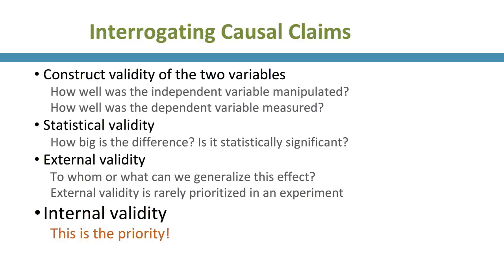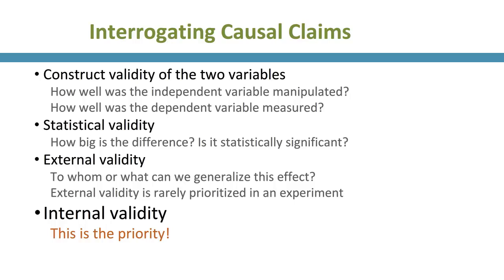So again, this one is really difficult to get to with causal claims. Causal claims should be experimental, so that means we have two groups. We have a drug group and no drug group, and we want to see how it influences the dependent variable, which in this case is depression. So it's hard to prioritize external validity.